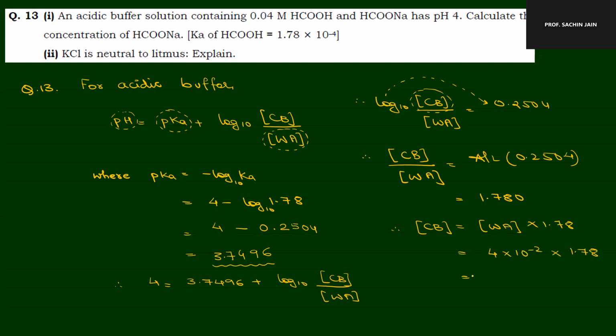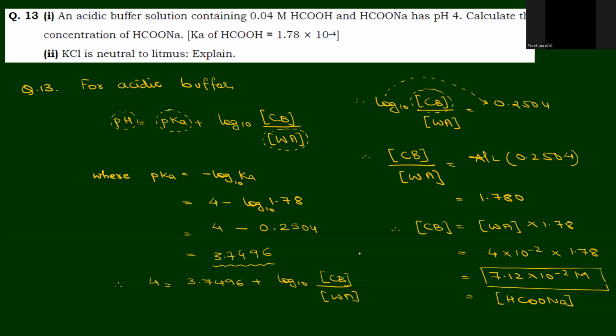Now this can be multiplied directly. So 1.78 into 4 gives 7.12, × 10⁻² molar is the answer, which is the concentration of formate. Understood? Yes. So this is how you have to show the solution in your HSC, stepwise.